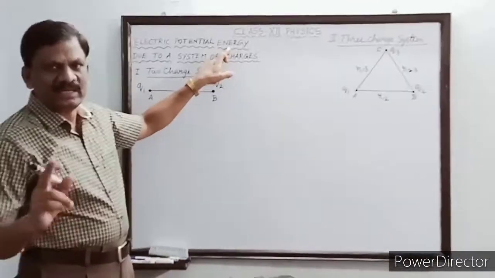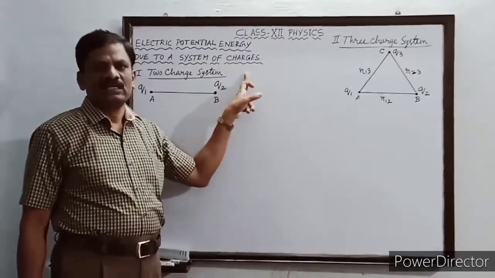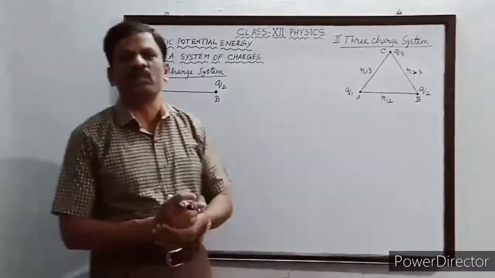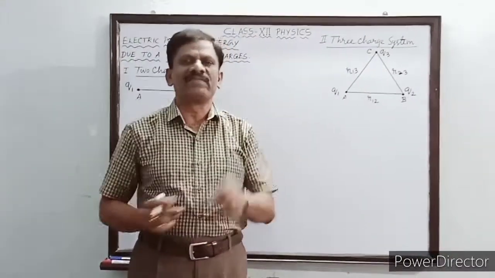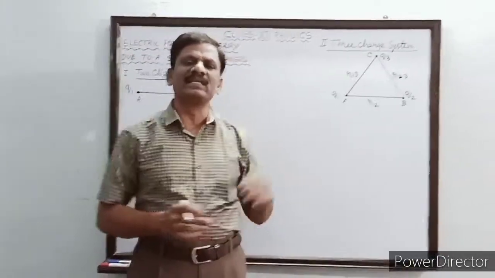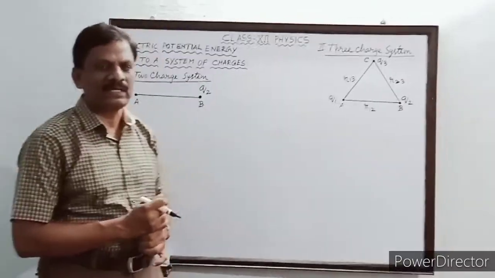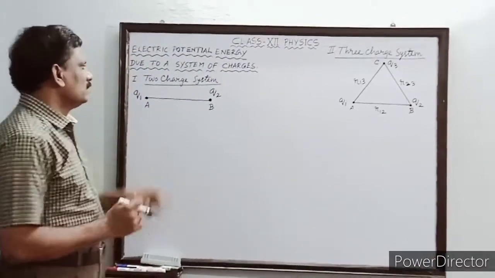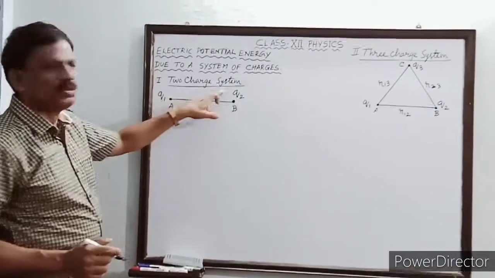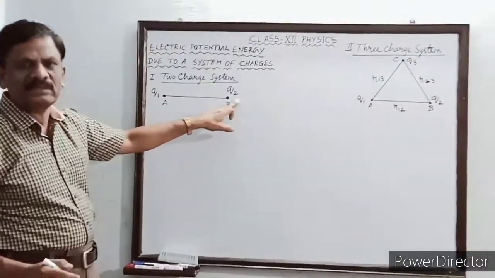Electric potential energy due to a system of charges. Earlier we have discussed the electric potential energy of a single point charge, which is defined as the work done in bringing the charge from infinity and placing at the point P. Now, a system consisting of two charges Q1 and Q2 I have taken.